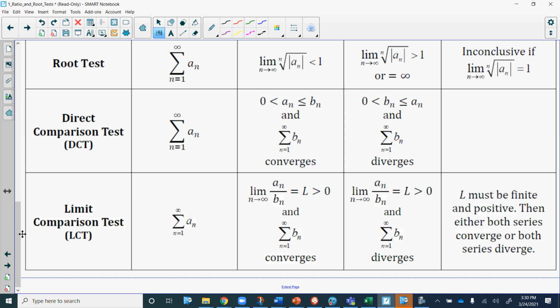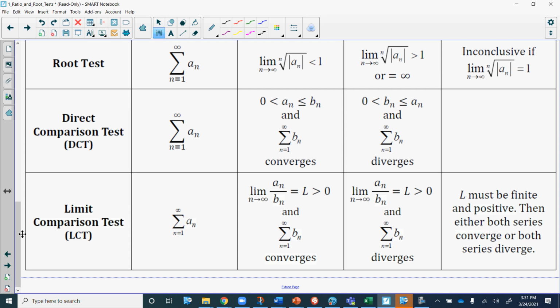And the limit comparison test, we saw an example of that, where we do the ratio of the given series and a simpler series that we can create, as long as we show that it's going to give me a specific limit value, we can say that both series will either converge or diverge based on what we know about the other series.